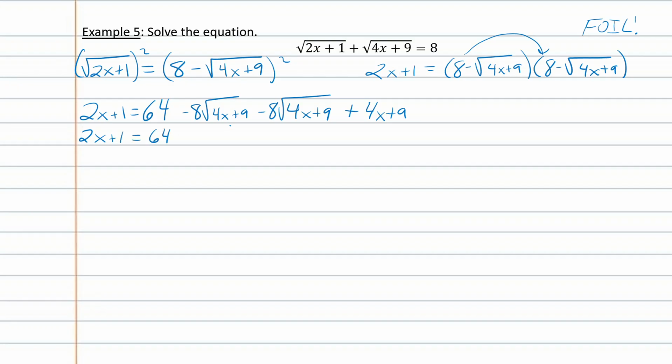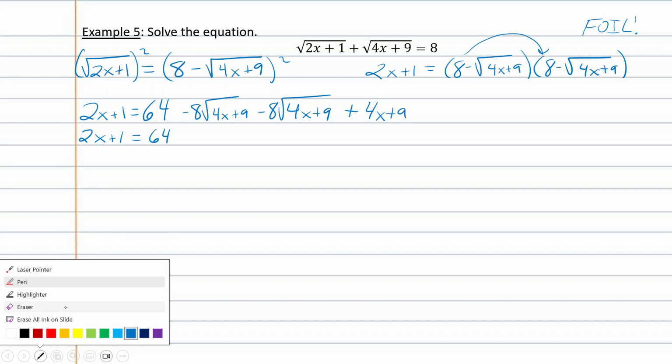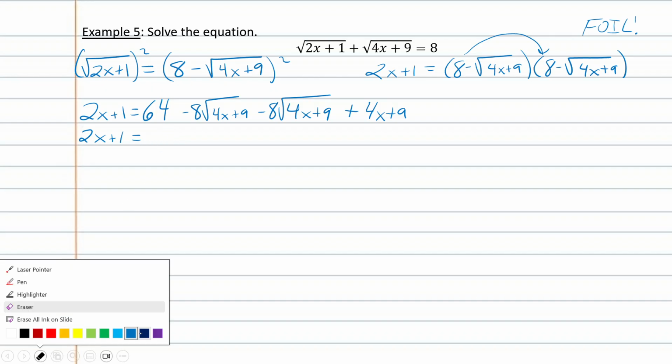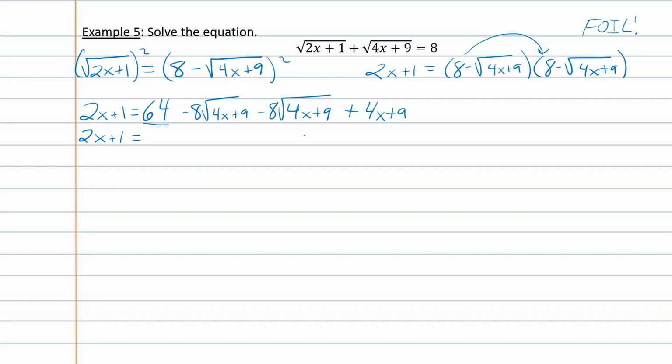I'm going to leave the 6, well, actually, take that back. I can go ahead and combine the 64 with the 9. If I combine the 64 with the 9, I get a 73. Okay. Then here, this will be negative 16 square root 4x plus 9.